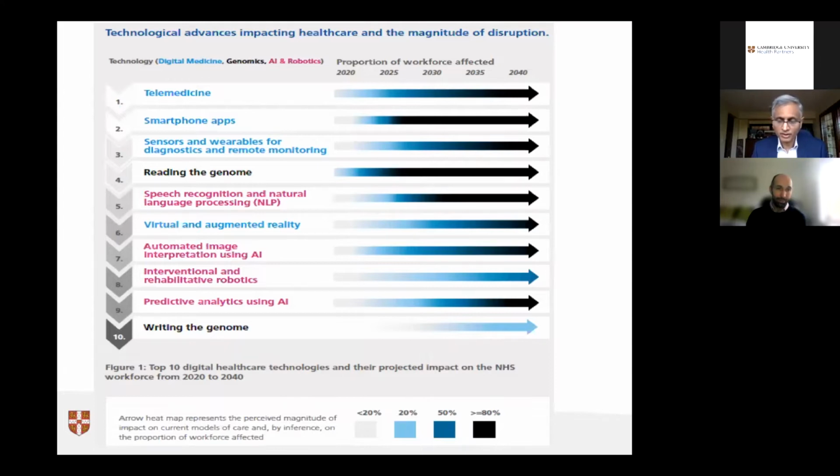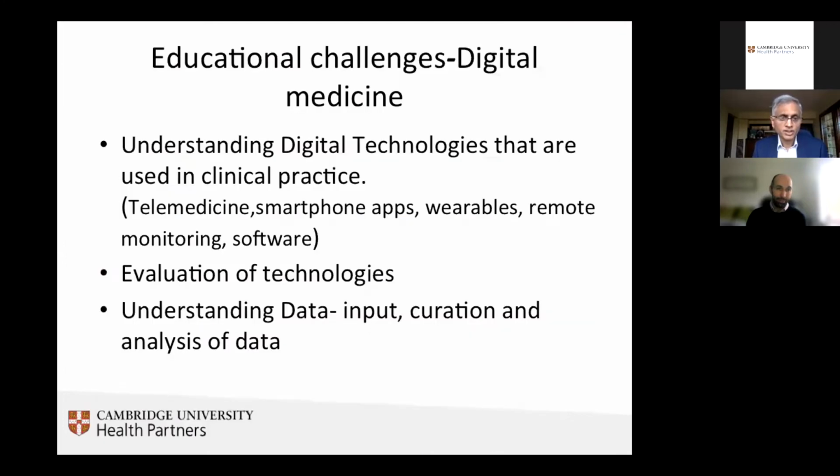That's because of the rapid increase in technologies that are available, but also the processes to enable us to adopt those technologies. And as we adopt them, we need to understand what these technologies are, how they fit in with clinical practice, and how they are evaluated, whether they are appropriate for clinical care and or for training purposes. But one of the key things is what data these technologies produce, can derive, and also how we develop those data.